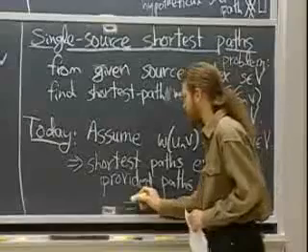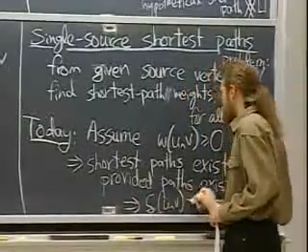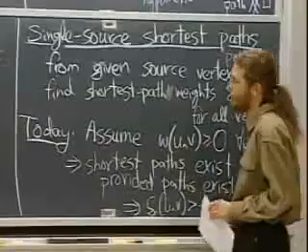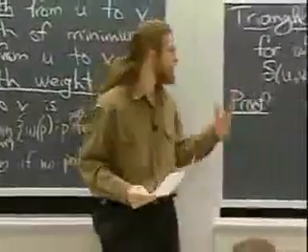And we don't have to worry about these minus infinities. Delta of UV is always bigger than minus infinity. Still might be plus infinity if there's no path, but this will make life a lot easier.